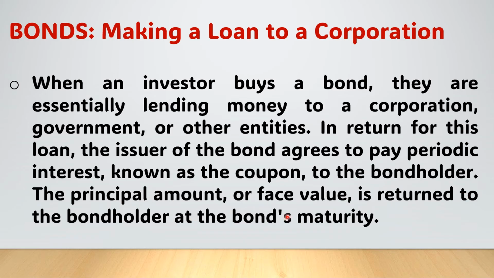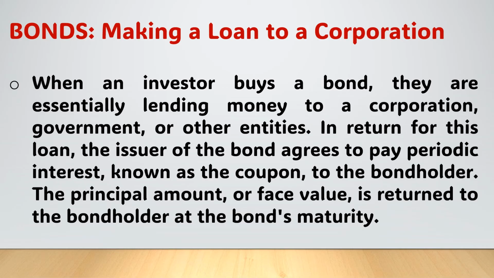The principal amount or face value is returned to the bondholder at the bond's maturity. So, ito pong bonds ang ginagawang debt instrument that serve as a way for companies and government to raise capital. Okay? So, in return, the investor receives fixed interest payments for the duration of the bond's life, and a return of the principal amount when the bond matures.